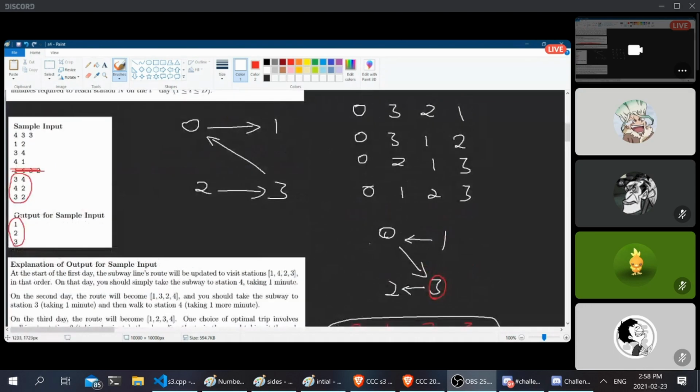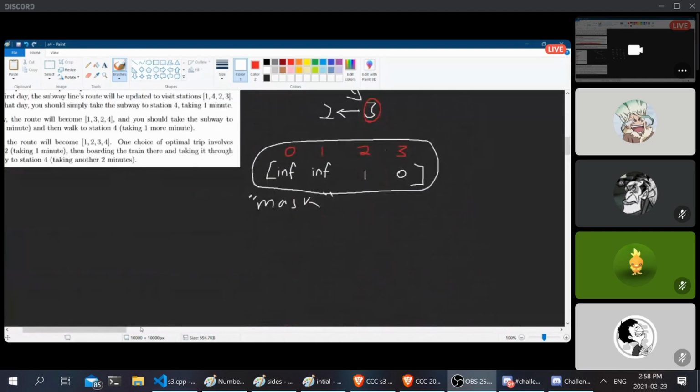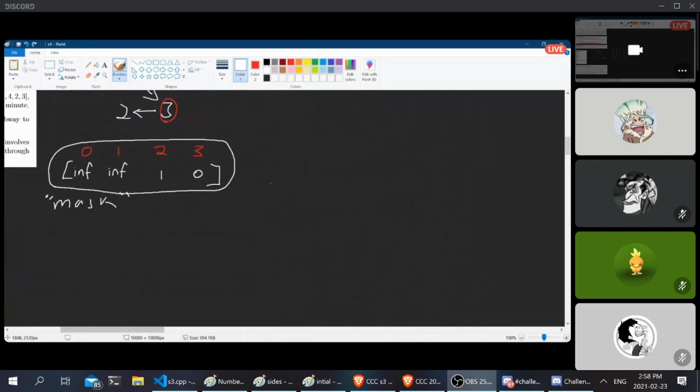Okay. So the next thing we want to do is figure out a second array. Let's do this numbering thing again: station 0, 1, 2, 3. This array will, at each index, show us the number of steps it takes to get to that station by taking the subway.